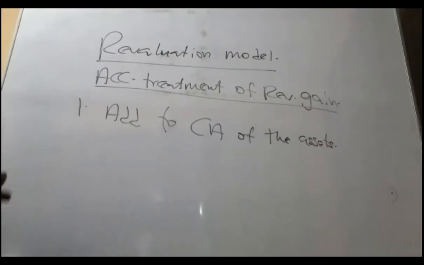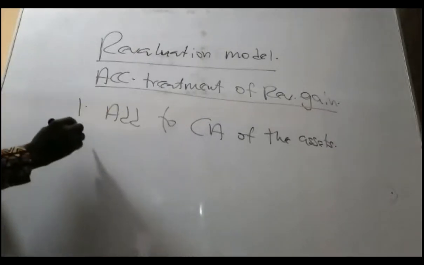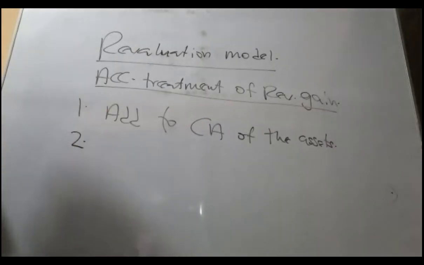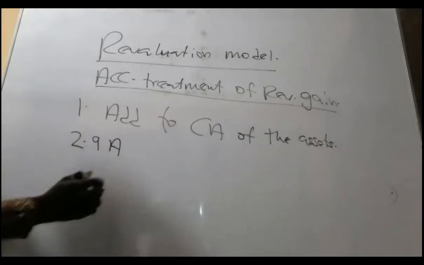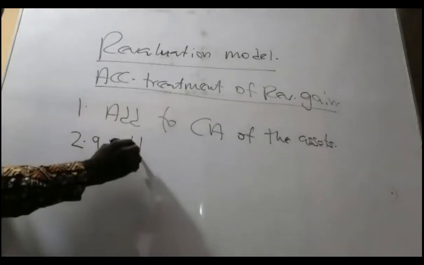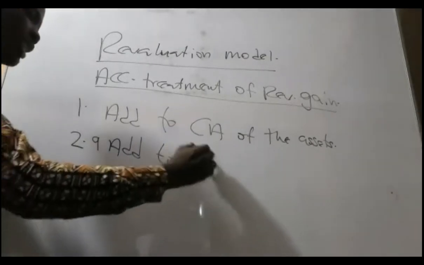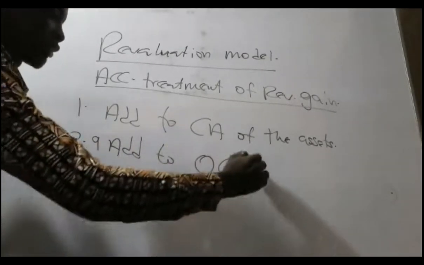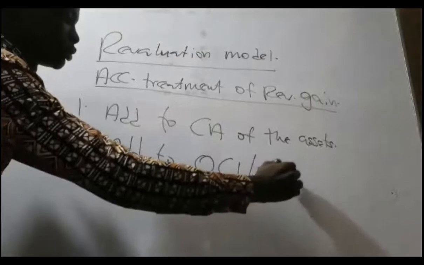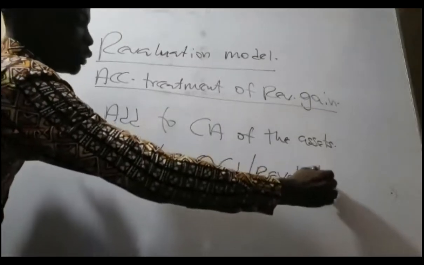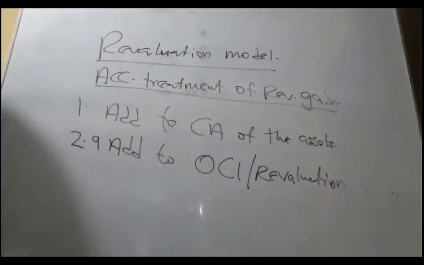Then the second treatment is A and B, the general one and then the exception. So first, add the gain to the OCI, which is the same as the revaluation surplus or reserve.